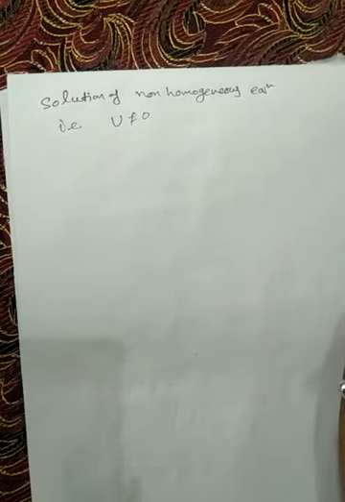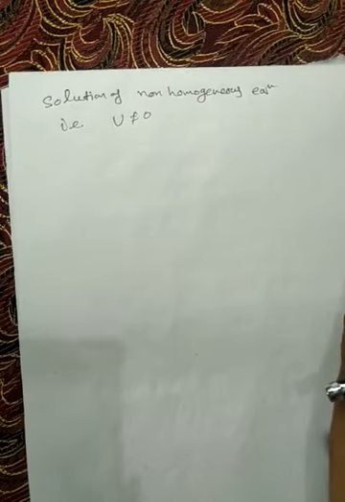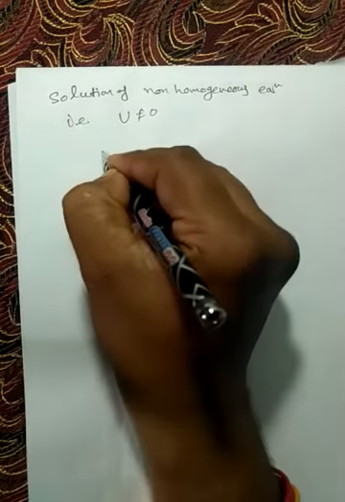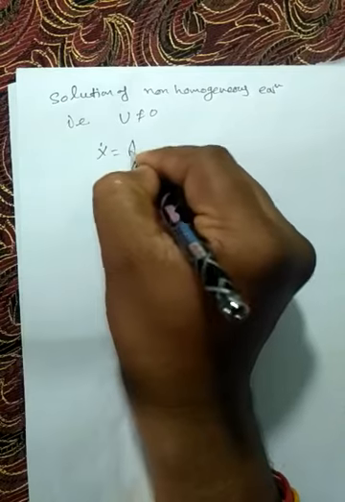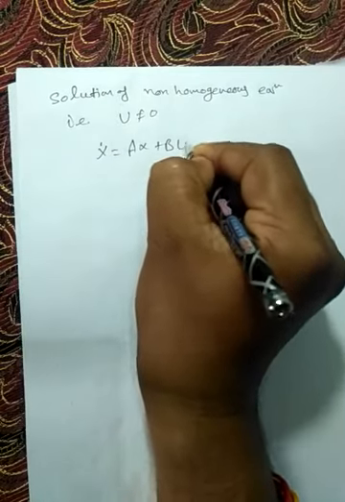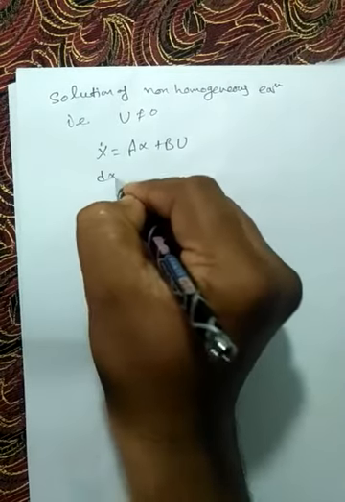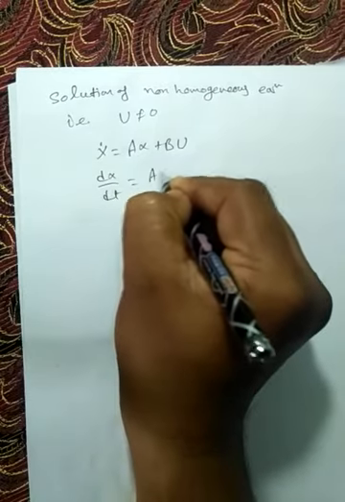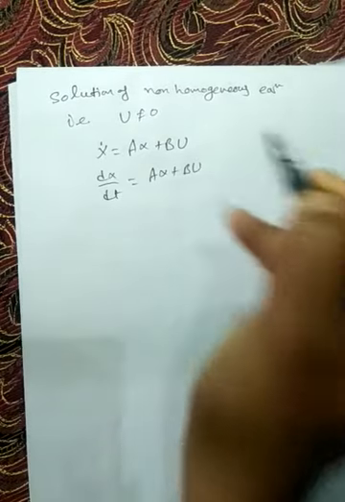In this case, we have x dot is equal to Ax plus Bu, or dx over dt is equal to Ax plus Bu.